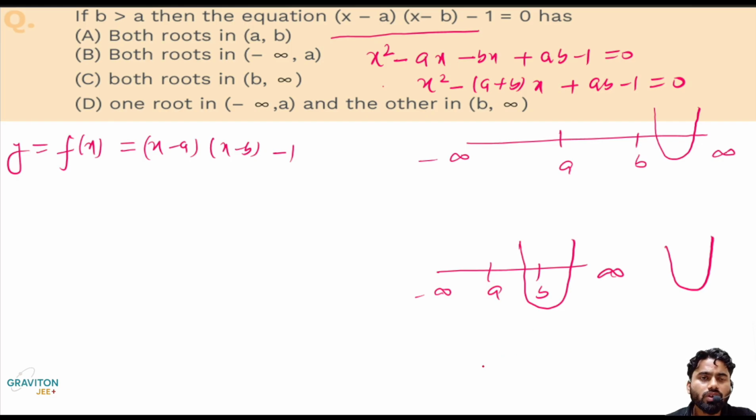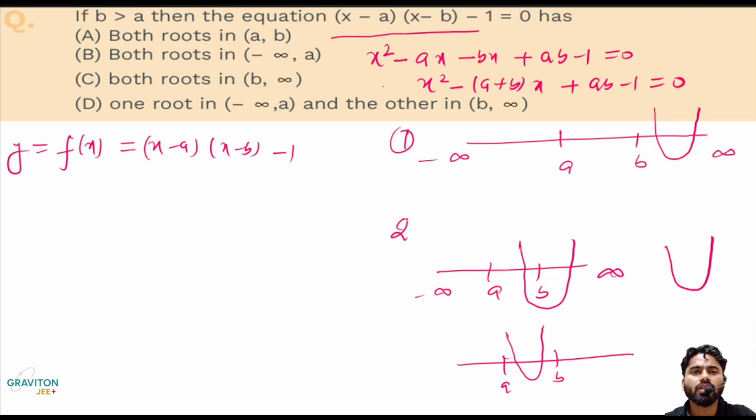If I put this like something this, then in this condition both roots will be between a and b, right?